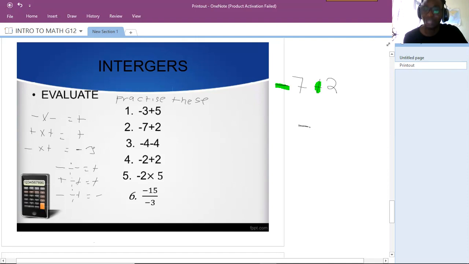Then we ask ourselves, what's negative times positive? Negative, right? Meaning we're subtracting. What's 7 minus 2? It will be 5. So our answer will be negative 5.